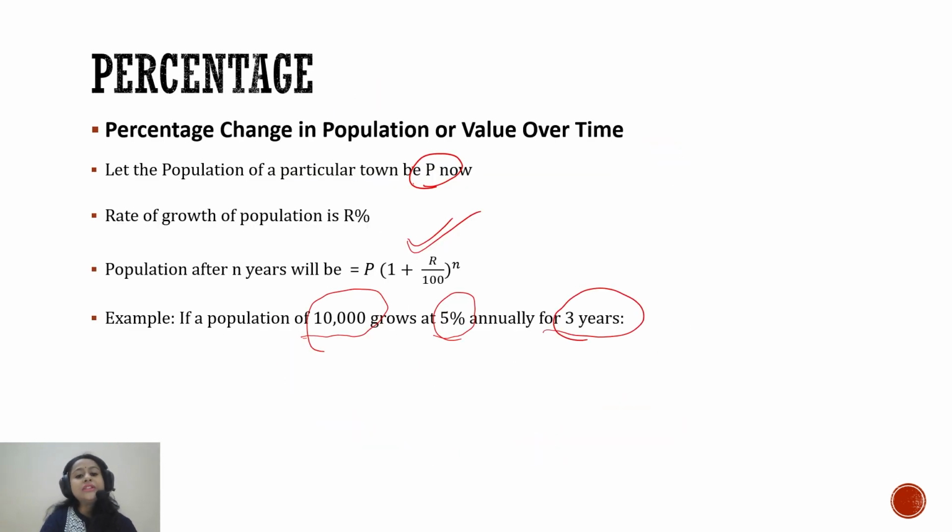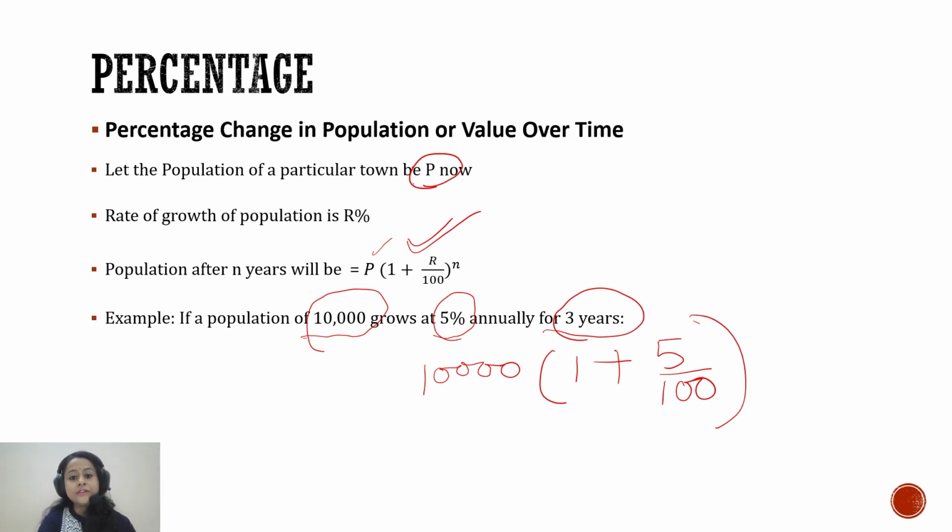So we will just apply this formula, that is 10,000, that is P, because that is the current population, into 1 plus, what is the rate of growth? 5. So 5 by 100. We will not write percentage symbol here, because 100 is already there, to the power 3.